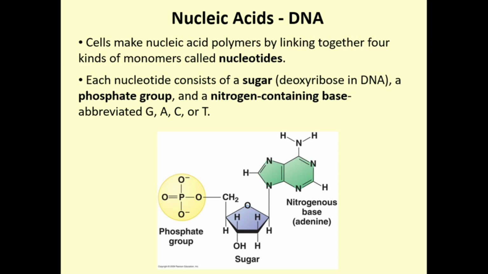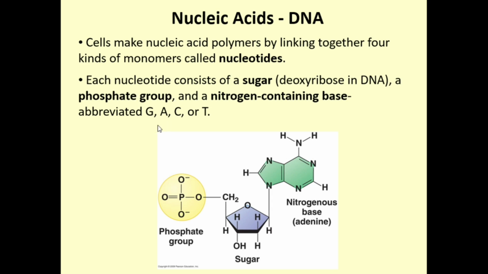So far we have a pentose sugar, deoxyribose in DNA, and we've got a phosphate group. These 2 bits will always be the same in all of the nucleotides. Up here, attached to the sugar, we can see a nitrogenous base, and it's these nitrogenous bases that come in 4 different types.